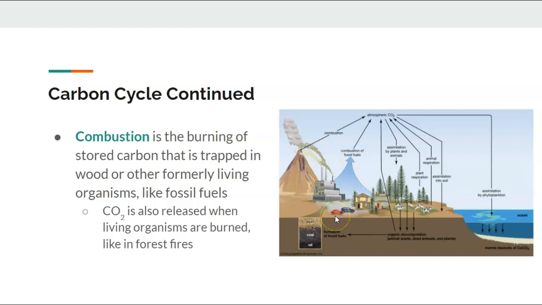Cars release carbon, right, because they're using fuel, and that's going through combustion, so it's releasing this carbon into the atmosphere. All of these things are part of how carbon can be continuously cycled through ecosystems.